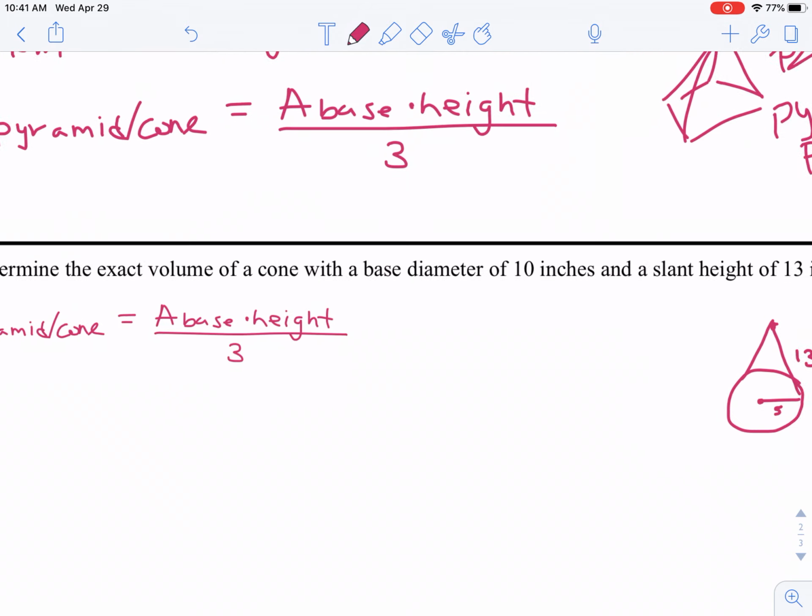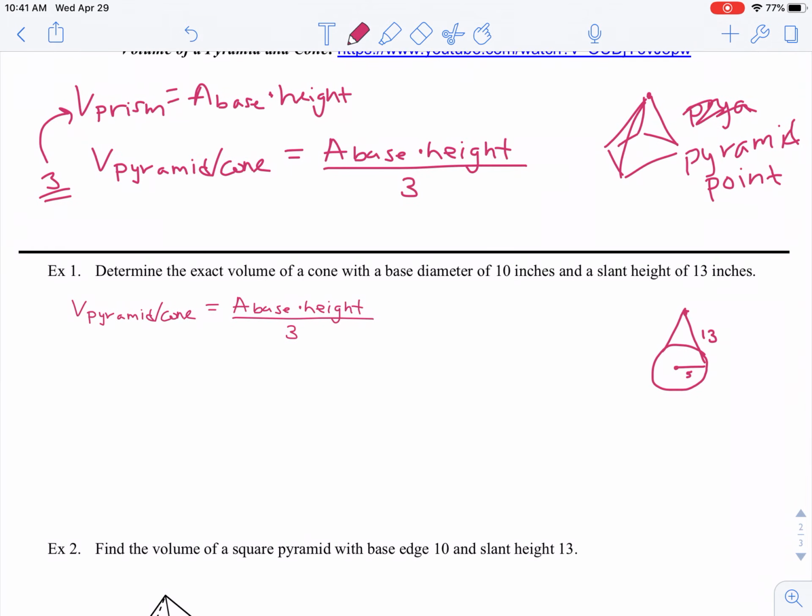When trying to fill out this formula, we can find the area of the base. The base is the circle, so that's going to be pi times the radius squared. So we get 25 pi as the area of our base. And now we need to know the height of the cone.